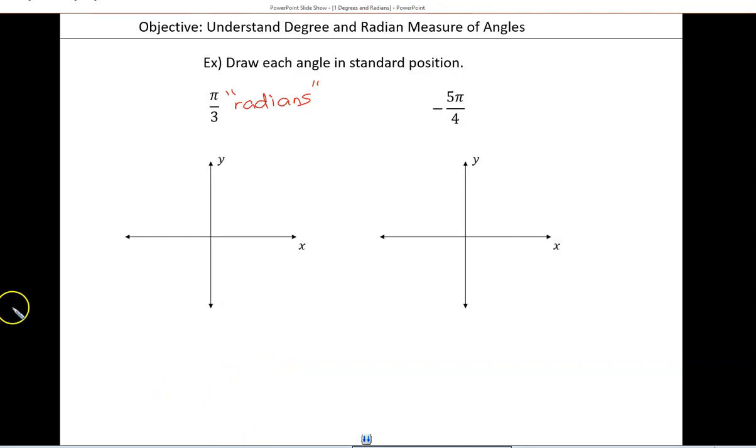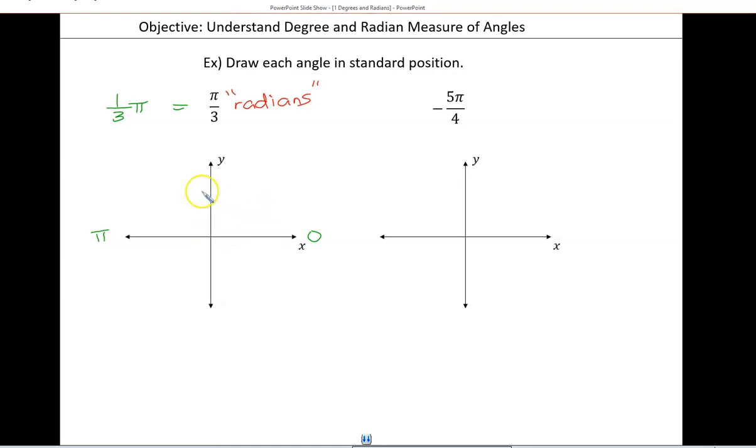So here, if I want to graph pi thirds, I'm going to think of this as 1/3 of pi, because pi is half my circle. It's over here. It's going into the two quadrants. And so this is 1/3 of this half of the circle. I actually divide it into 6 equal pieces because that helps my visualization.